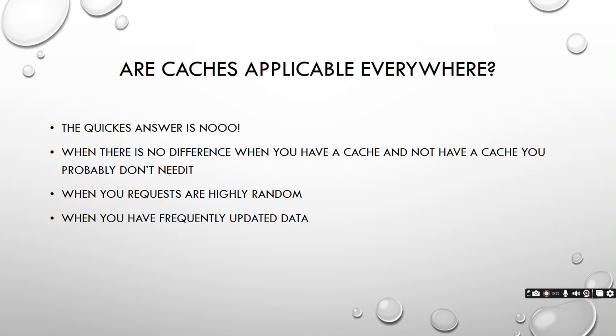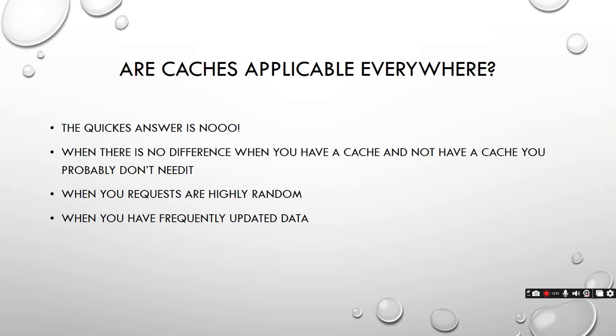You'll just be writing more code for no reason. So if having a cache in your code does not change the way your program works, then maybe it is not a necessity. But I'm saying it's not that bad to have one in place in case you might require it, but you might not need it.